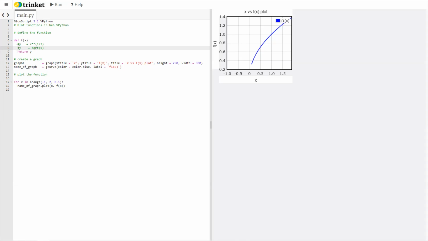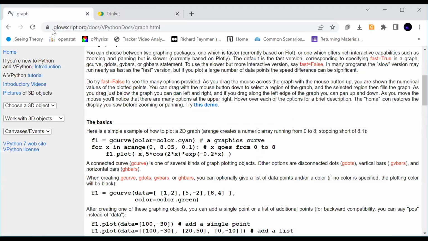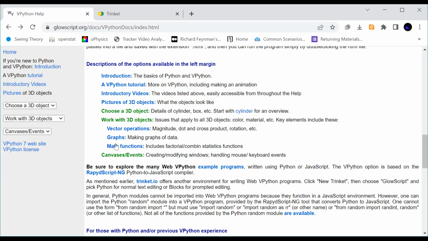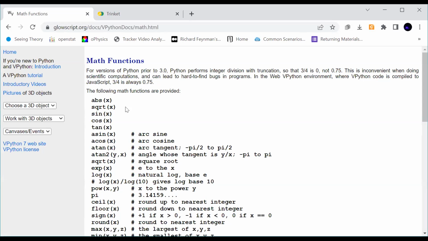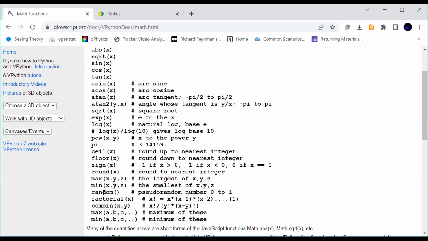Okay. What else? If you go back to the graph link, we have built-in math functions that we can plot: absolute value, sine, cosine, tangent, arcsine, arccosine, arctangent, and so on, exponential. And then you can also have random numbers.